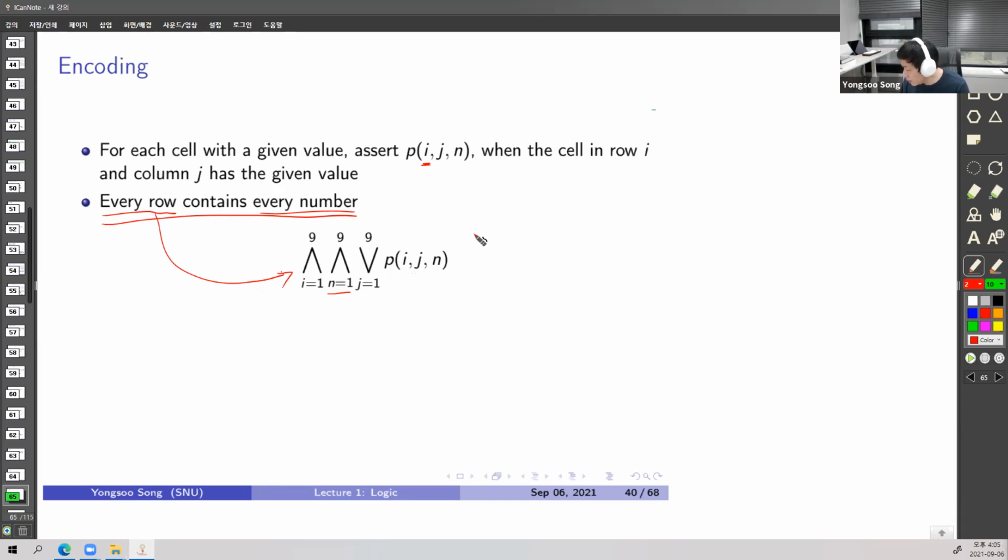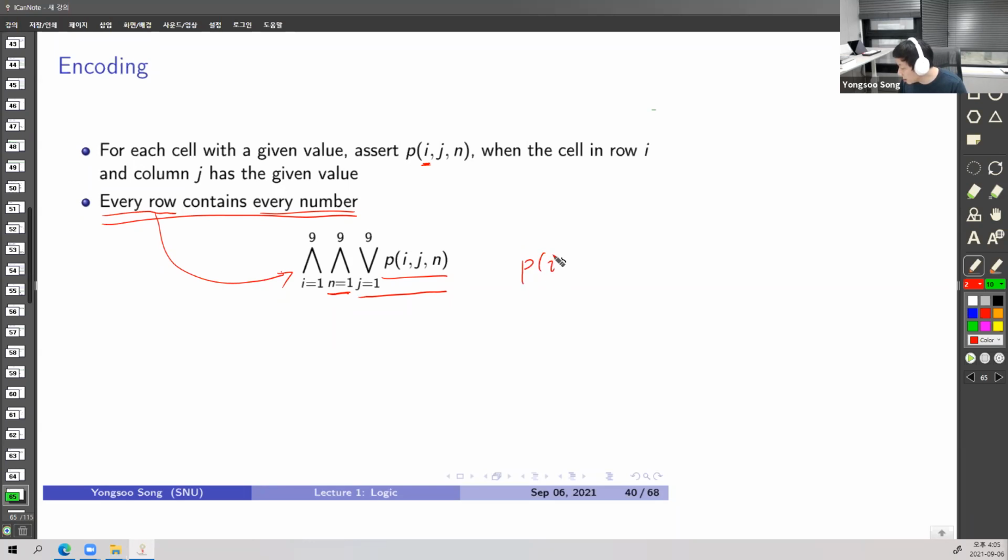That means that if the cell in row I and column J has the value n, then this proposition will be true. So if 1 is contained in at least one cell, then at least one of 9 propositions here is true.